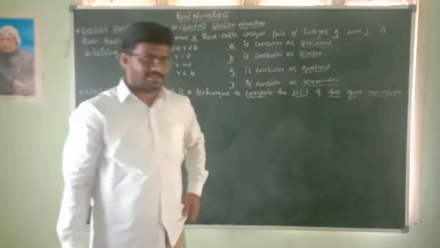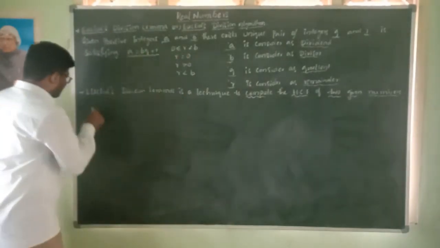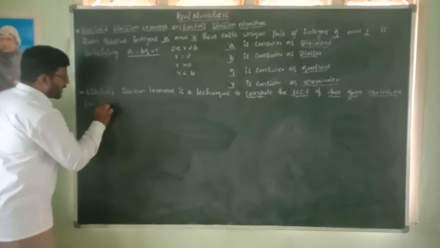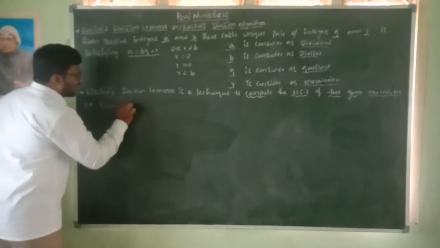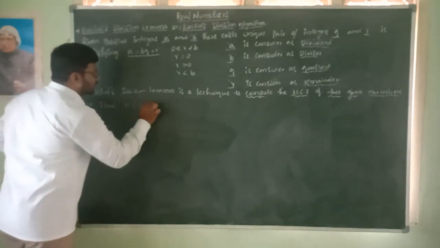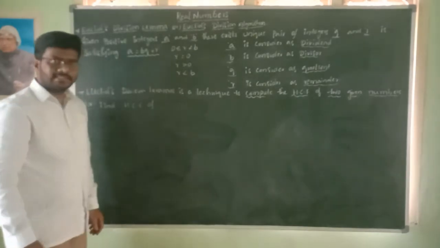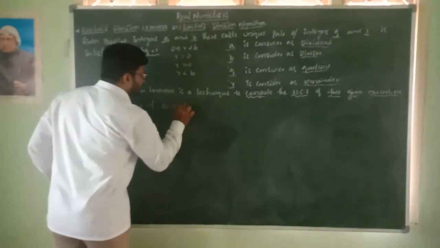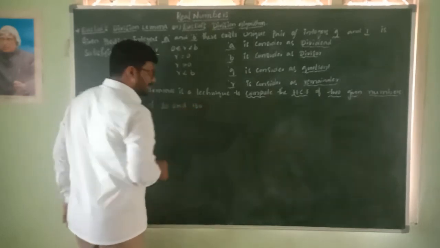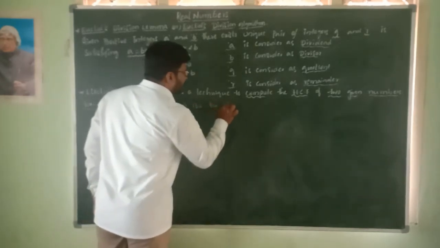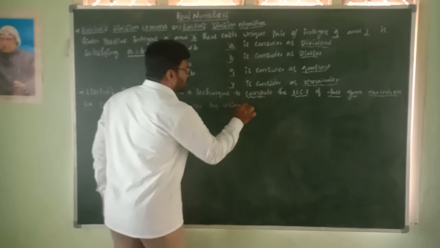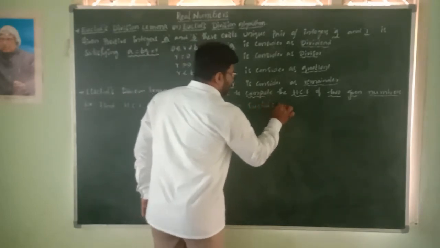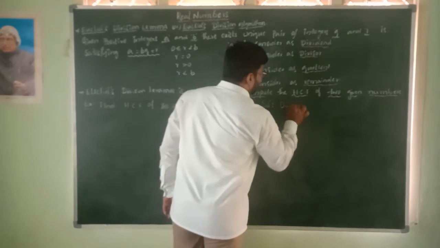Understood, children? Let us see one example. Find the HCF of 80 and 130 by using Euclid's division lemma.